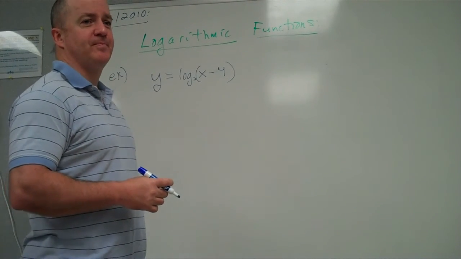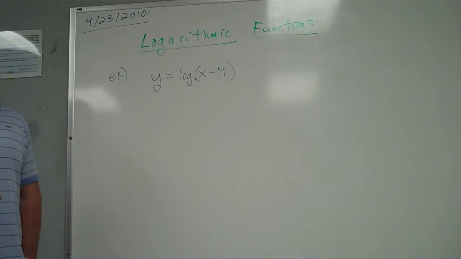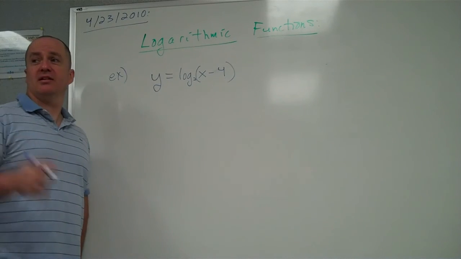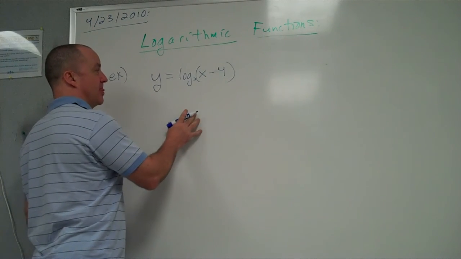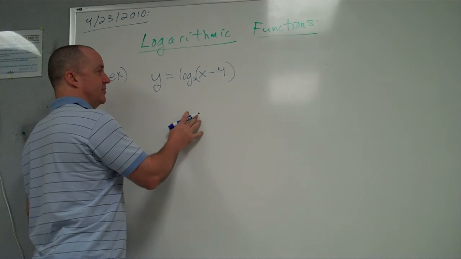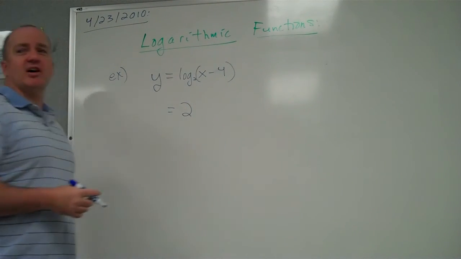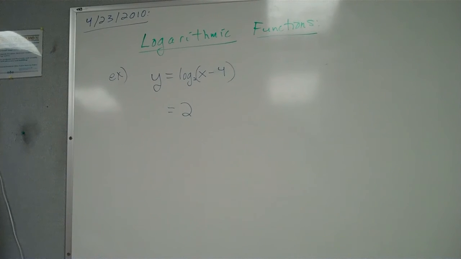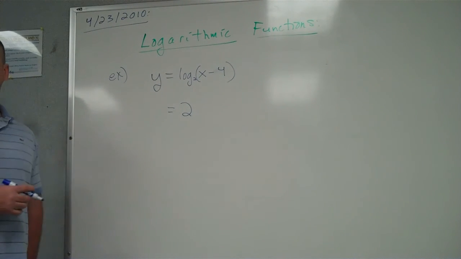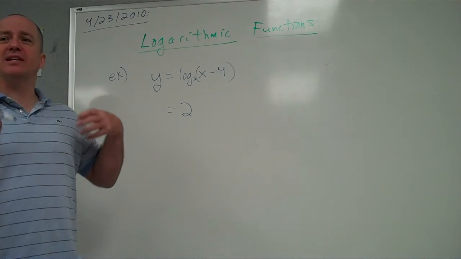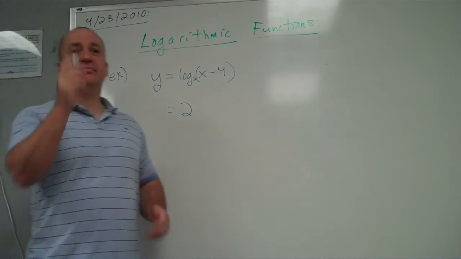It's the same thing as the homework last night, where you rearranged logarithms into exponents. So what's the base? The base would be 2. Now, I said the logarithm is a question, and the answer is always an exponent.